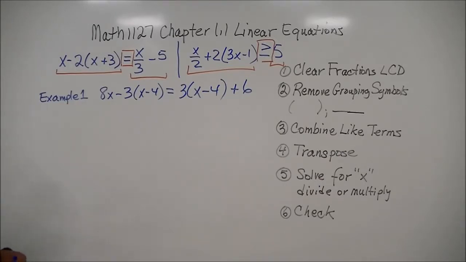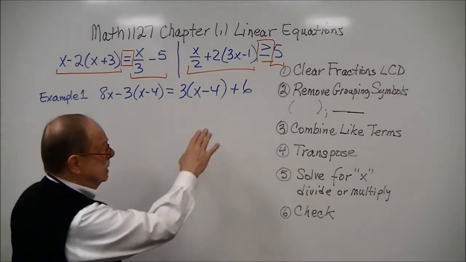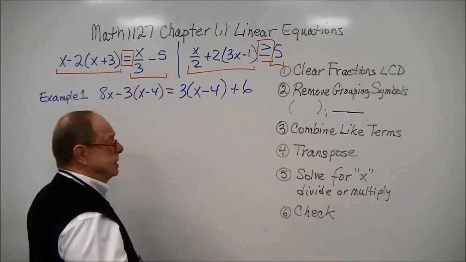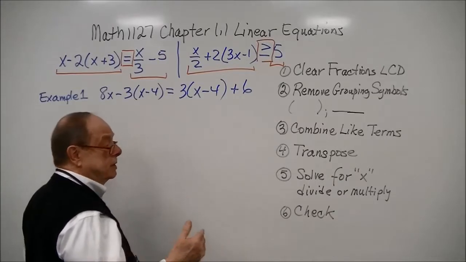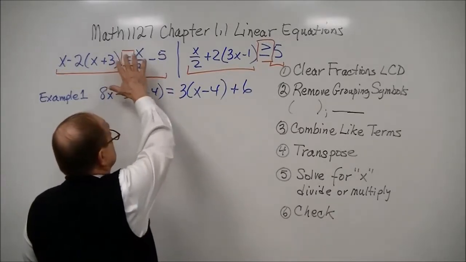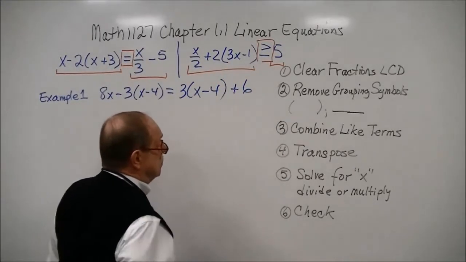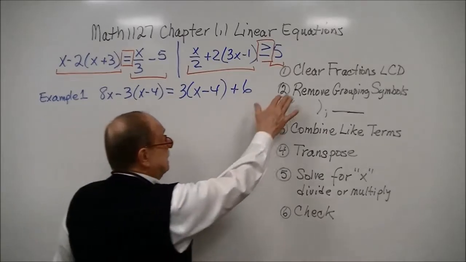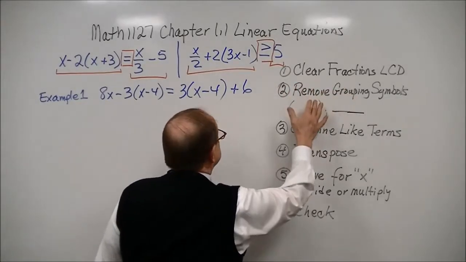Now, what I've written here over on the side are very, very simplified steps of what you need to know and to follow as you go to solve either an equation or an inequality. One of the first things you want to do is to clear fractions that may be in it.